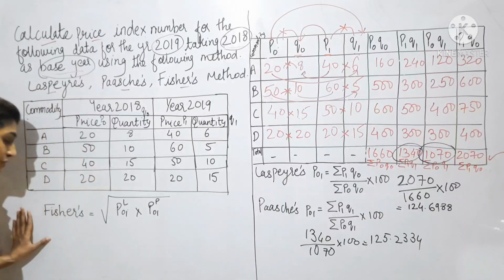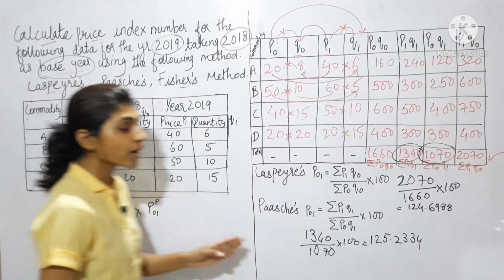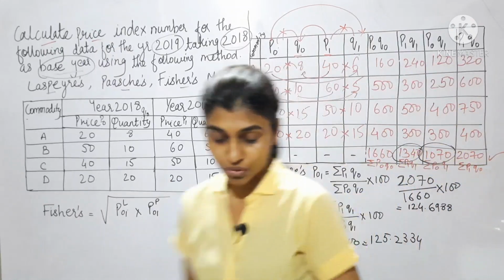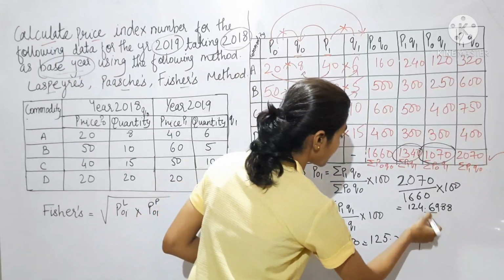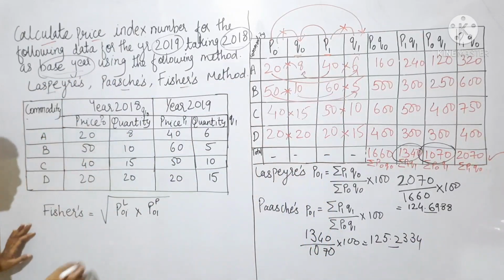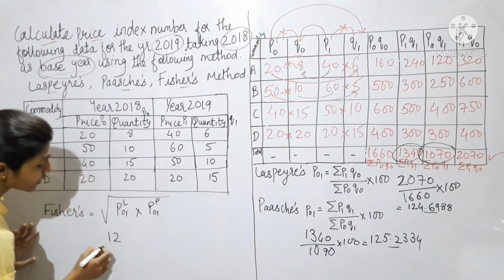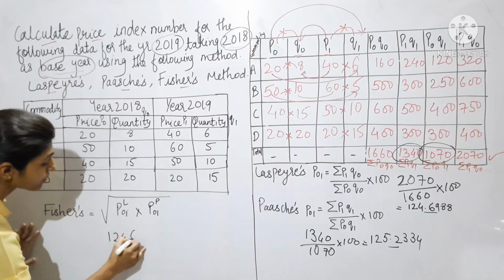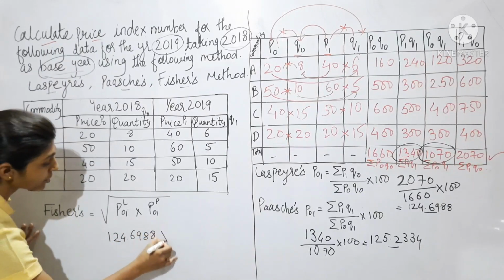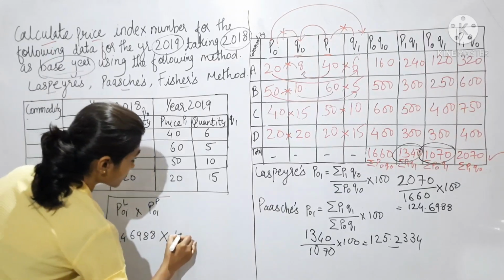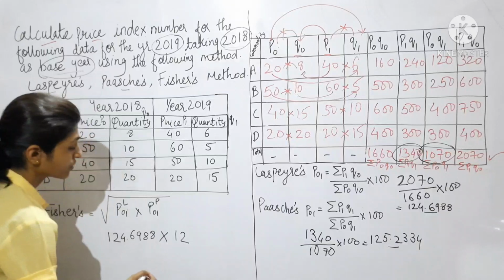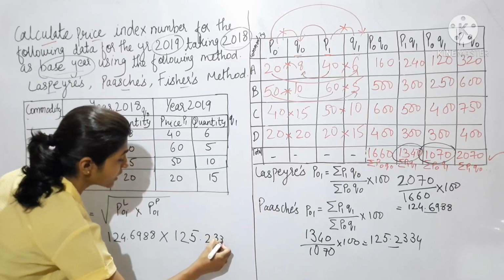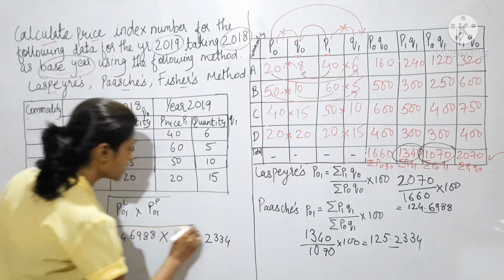Okay, so Laspeyres we have got, Paasche's we have got. Now we'll move to Fisher's. Now Fisher is what? The product of Laspeyres and Paasche's, and the whole under the square root. So put the answer of Laspeyres, 124.6988, multiplied by Paasche's answer, 125.2334, and put it under the square root.